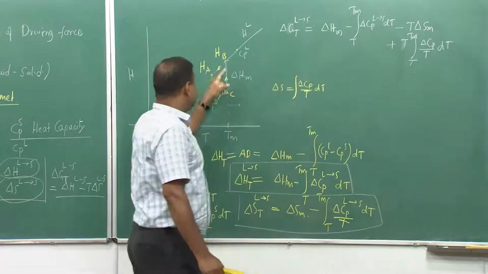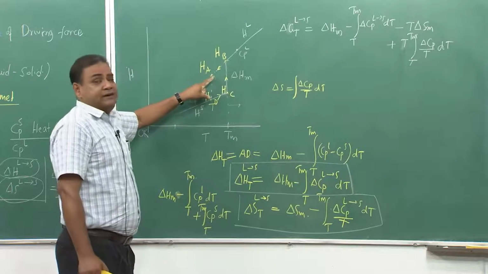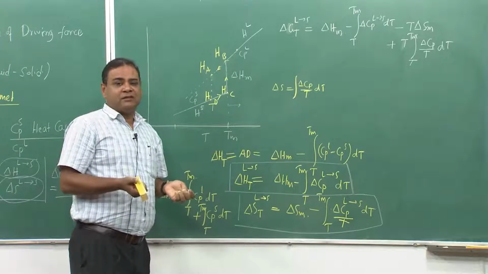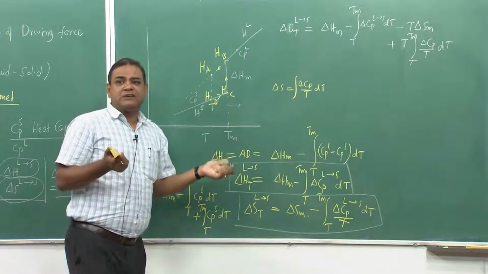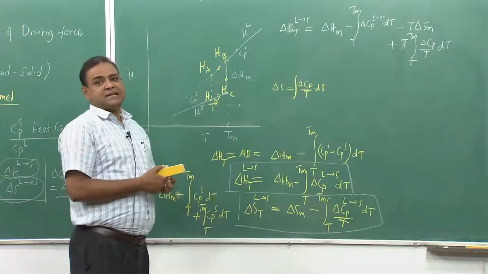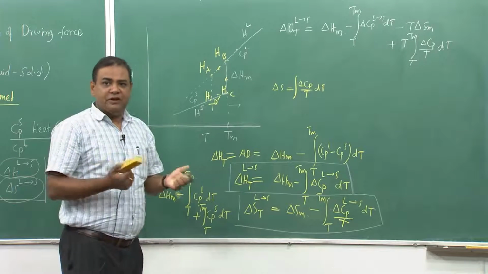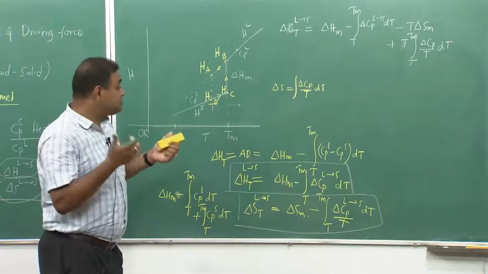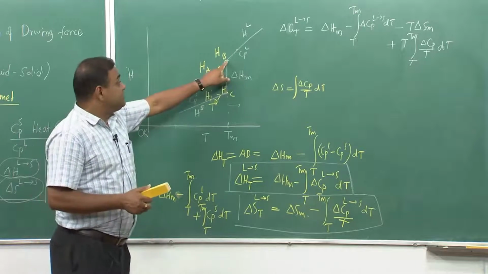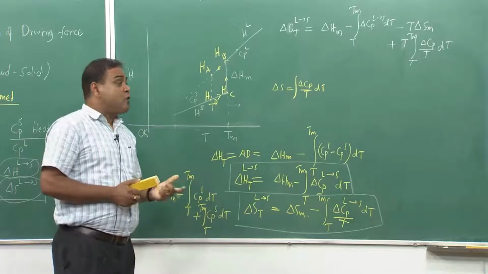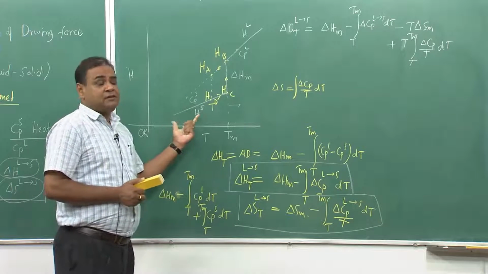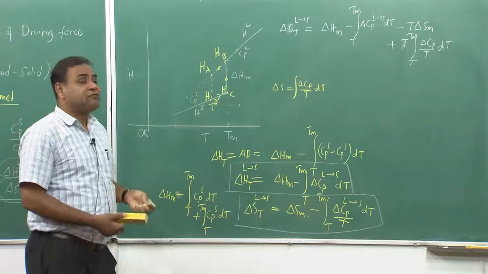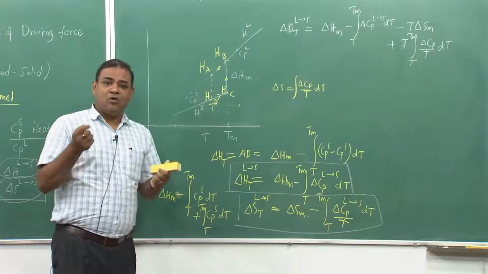Now, we assume that the liquid remains liquid below melting point, but this is against our actual experimental evidence. We have seen that once the liquid is taken below melting point, it solidifies. But you will later come to know that liquid can remain liquid over a very large temperature range below Tm, and the reason for that would be simple homogeneous nucleation.